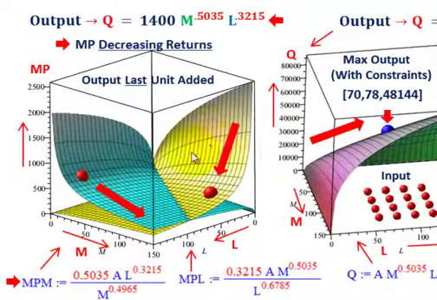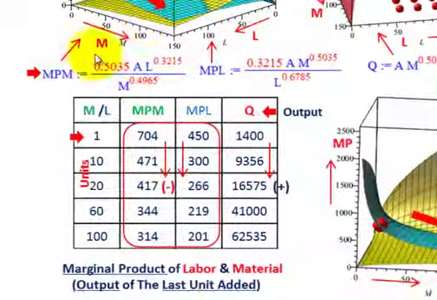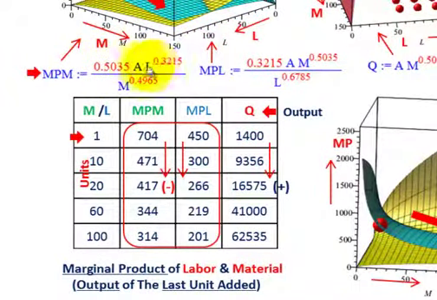Okay, so let's go down and look at the numbers for our marginal product based on those differential equations for the marginal product of material and the marginal product of labor. Remember, those are the output based on the last unit added. I've got a little table where I put in the same number for material and labor.